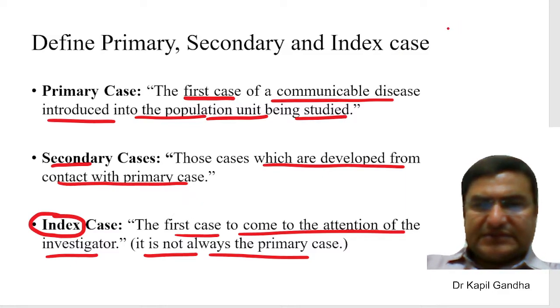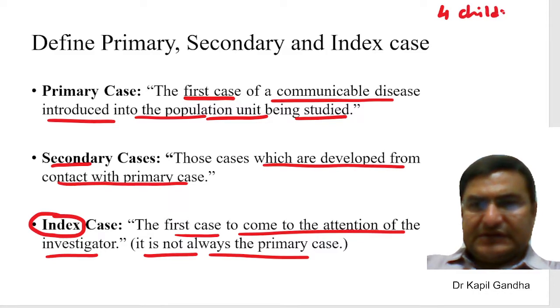Let us discuss these definitions with an example. There is a household in which four children are there. All of them are unvaccinated, so all are at risk of getting measles. There is one primary case on the 1st of January.